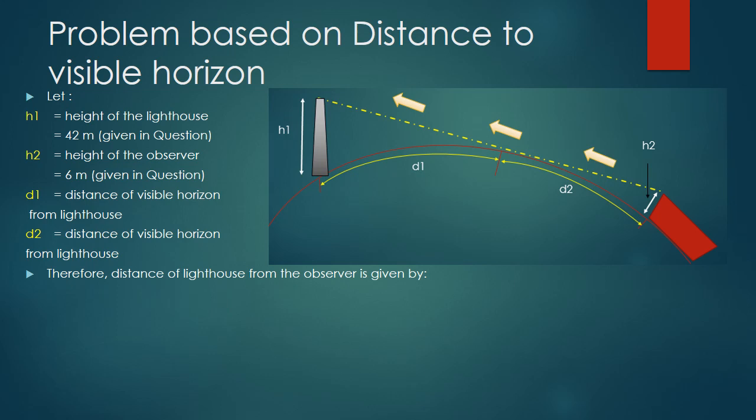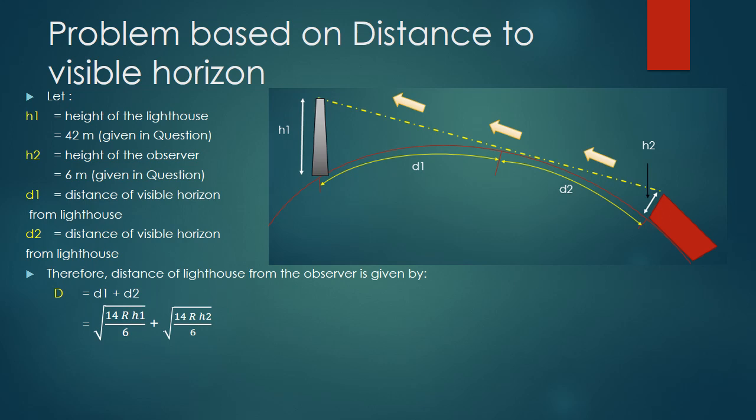We have already discussed this in our earlier video lecture on distance to visible horizon. Here d equals d1 plus d2. The formula for d is the square root of 14 times r times h by 6.